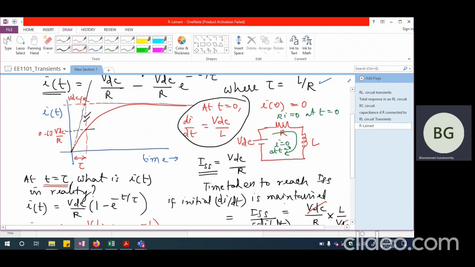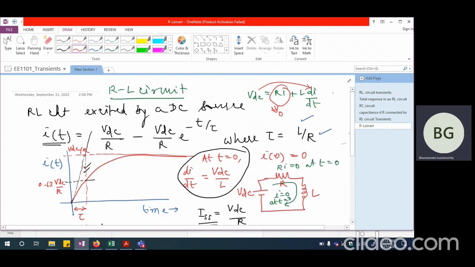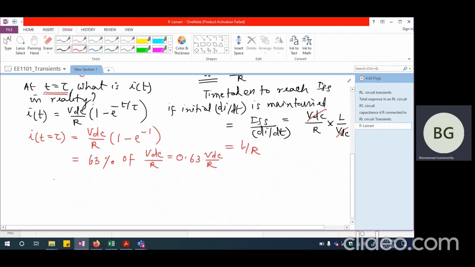And in the same case, we should be able to calculate what is the kind of voltage across the inductance, how that is changing. We wrote this as the equation for the transient, and we know that L di by dt is going to be the voltage across the inductance.